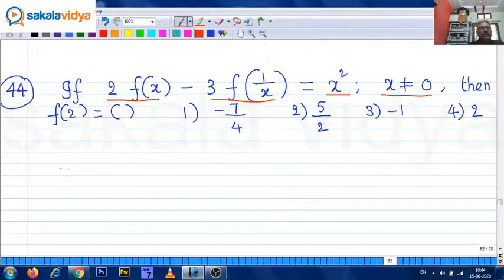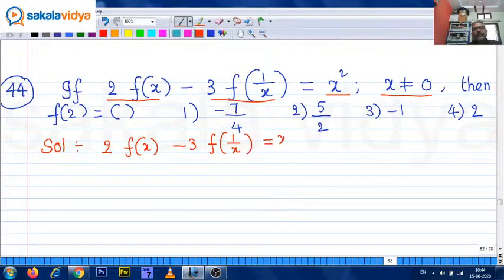So here, see the solution. Given that 2 times f of x minus 3 times f of 1 by x equals x square, say equation 1. Now these kind of equations are called functional equations.